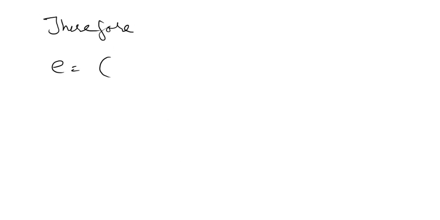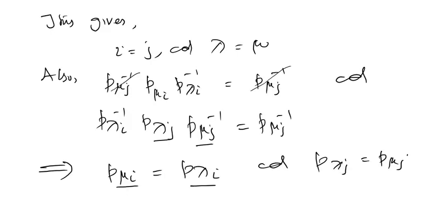Now let's see this I, what's E? It's P lambda I, then lambda. We have to see whether I is equal to J. What's lambda I? Is it P mu J? We have to see this: P mu J, what is lambda I equal to?